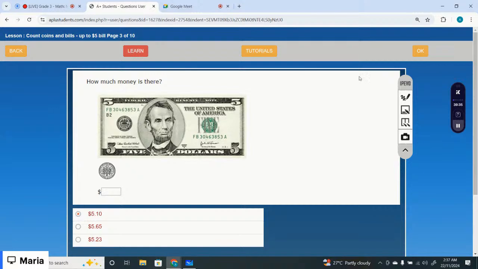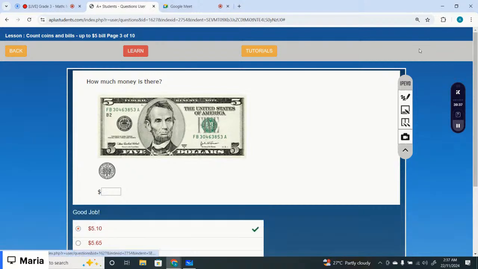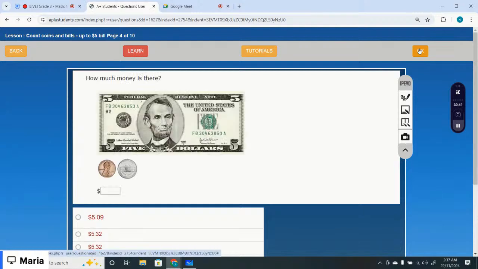Option number 1 is the correct option. How much money is there?